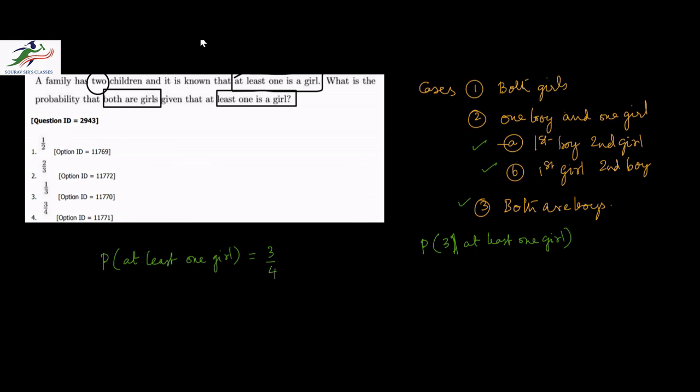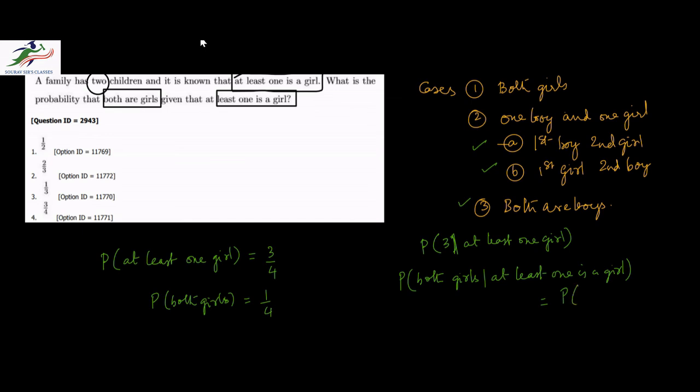So this is the probability of at least one girl, and probability of both girls is equal to 1 by 4. So probability of both girls, given that at least one is a girl, is given by probability of intersection of both.